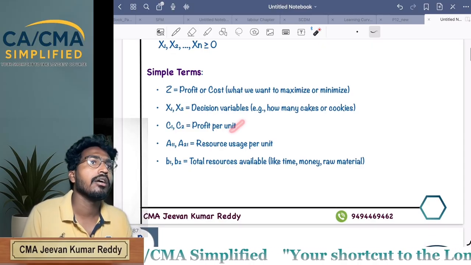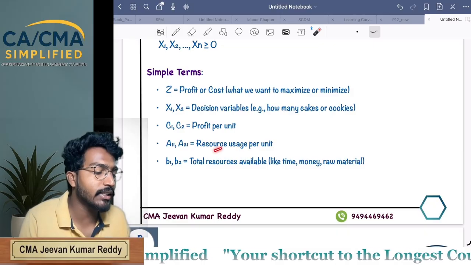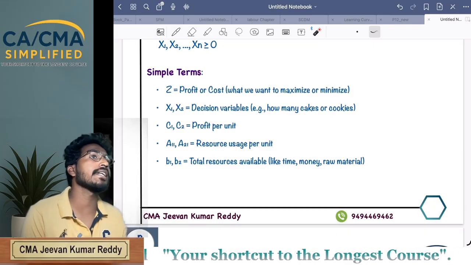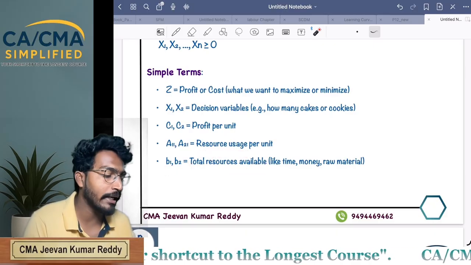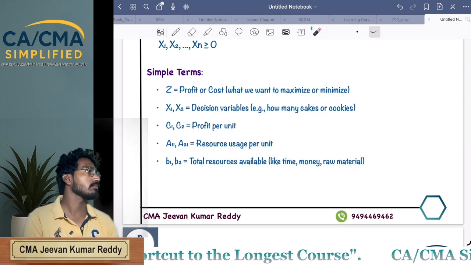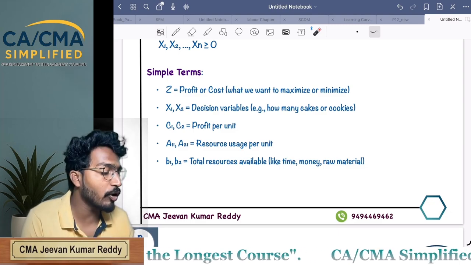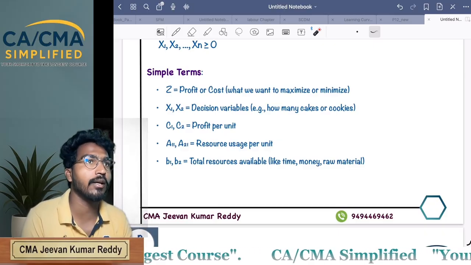That is C2. A1 and A2 are resource usage per unit. B1 and B2 are total resources available like time, money, raw materials. So how much time do we have? 8 hours. How much raw material do we have? 10 kgs of flour.